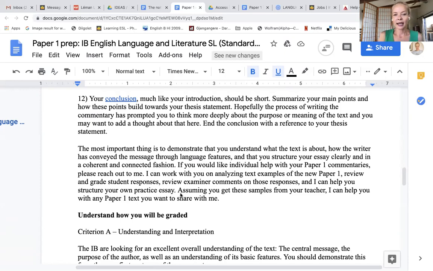So has this thesis statement made you think, as you read the text, something more deeply about it? So it could be speaking to a larger issue in society, or make a connection to something else. It depends a lot on the text. We can talk about that also. I have another video I'm going to make for conclusions.